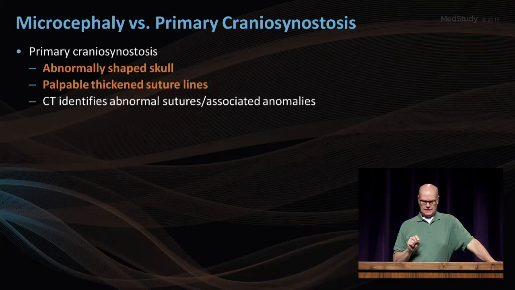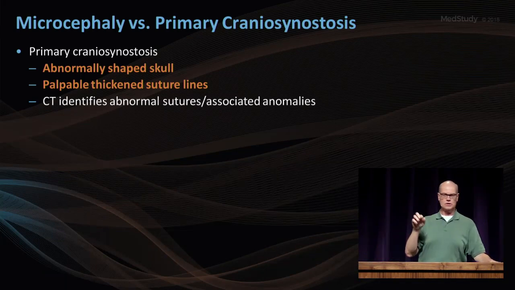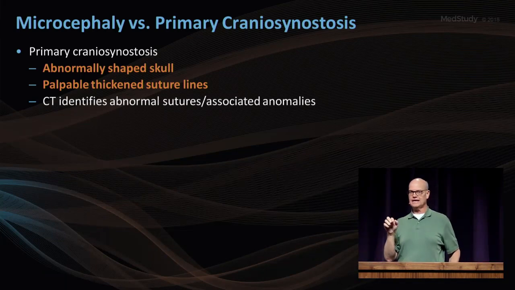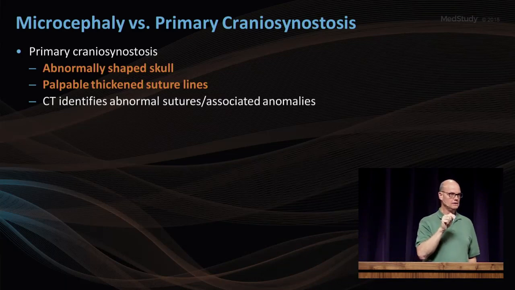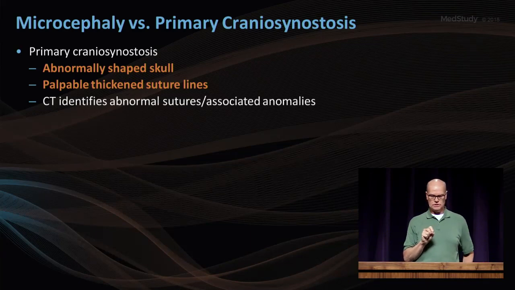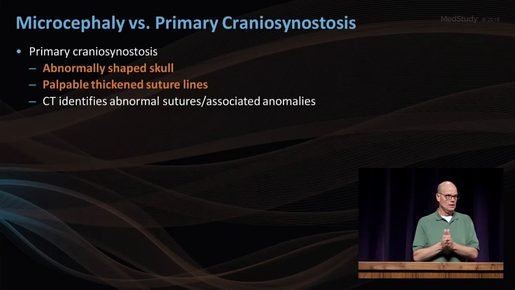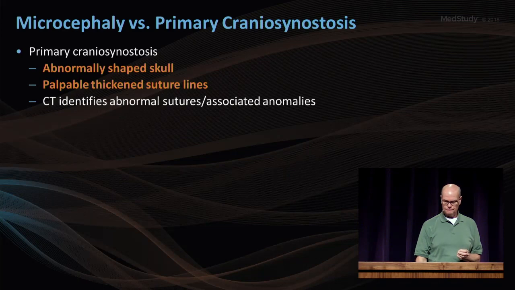And the suture lines are palpable and thickened. They feel kind of like a mountain peak. So they might be described in your vignette as ridge-like or uneven. And those two characteristics, an abnormally shaped skull and palpable, thickened, peaked suture lines, are consistent with craniosynostosis.